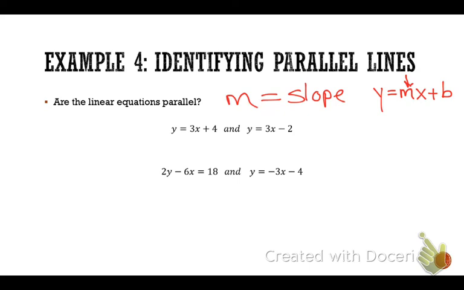Slope. Meaning that the number in front of the x, as long as it's written in slope-intercept form, is my slope. So to prove if they're parallel, you're going to simply see if their slopes are the same.